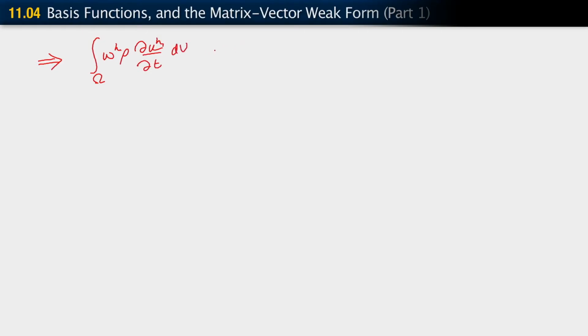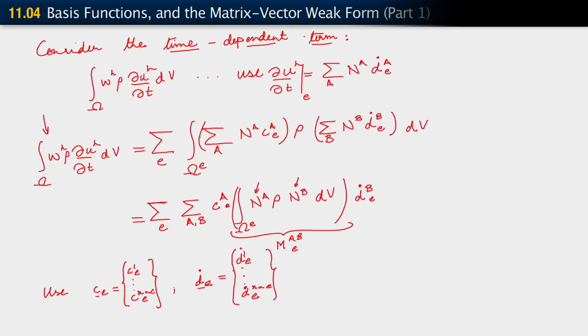So this integral that we're trying to evaluate is now the sum over E of CE transpose, by replacing the explicit sum over nodes A and B, which we had on the previous slide.